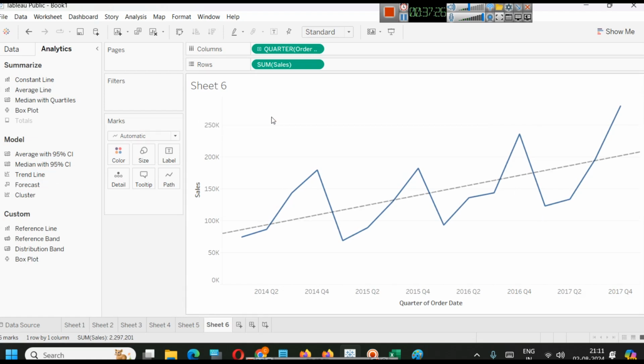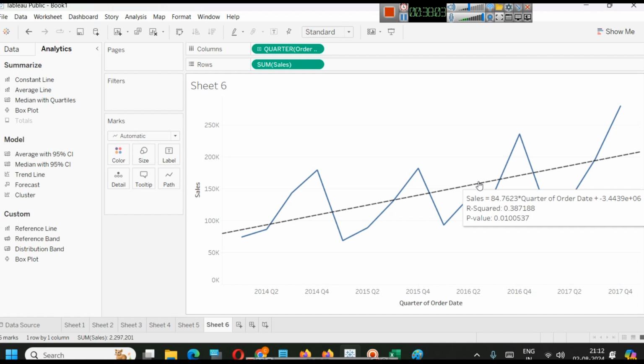You can also draw this trend line. What is the trend line? When I teach you the basics of linear regression, then I will teach you what is the use of a trend line. But in layman language, is it increasing or decreasing? What is the pattern it is following? Trend line is the line of best fit. Ideally, this increase should have been linear, but it's not linear, it has peaks and valleys.